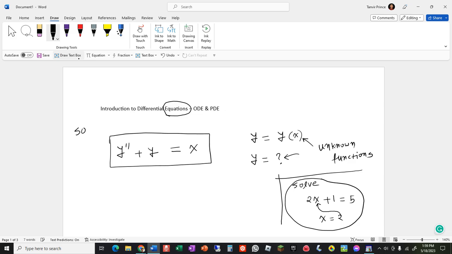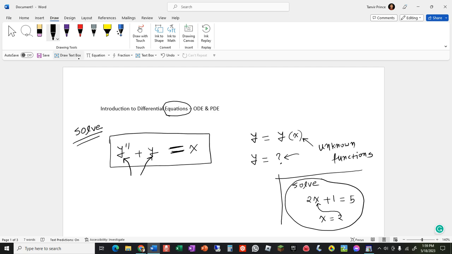So when we say solve a differential equation, that means find all possible functions y of x. When you substitute this in place of y in this differential equation, this equality should be true. And of course, we are going to look into how you actually solve this type of differential equation, that's coming up later.